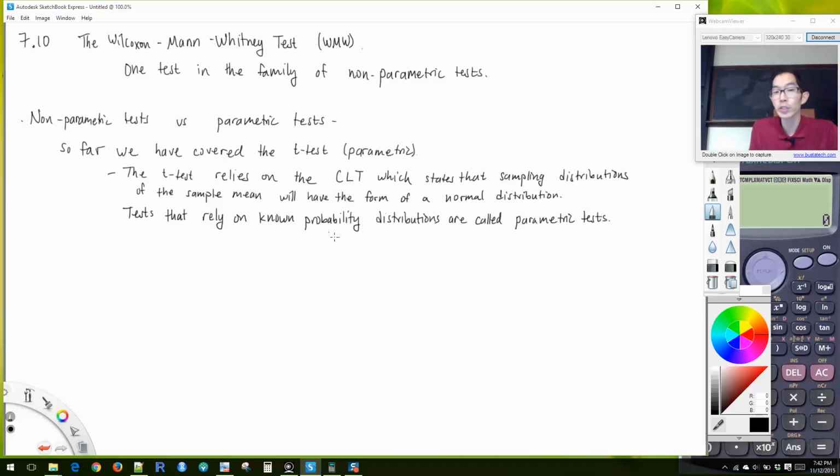And because we rely on this central limit theorem, the t-test has a few assumptions or conditions that must be checked, right? So because it relies on the CLT, we must check some conditions or make assumptions.